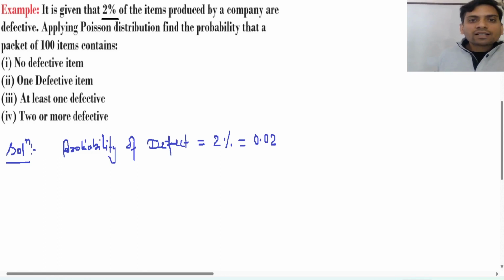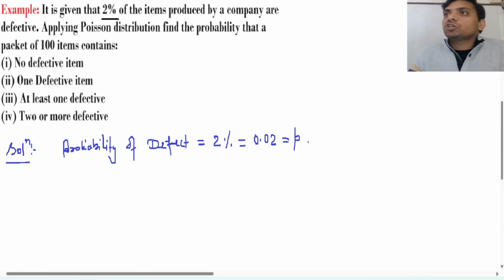So you will consider this given probability of defect as P. And if the probability of defect is given as 2%, but the question is based on non-defect, in that situation you will consider P as 98% because your question is based on non-defect. So whatever the question is based on, you consider that, this is the probability of success. Is it clear? Done?